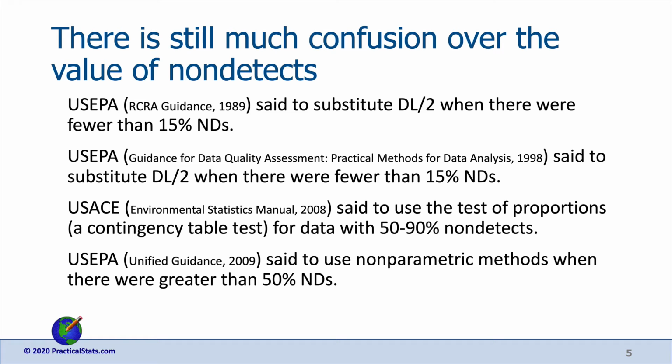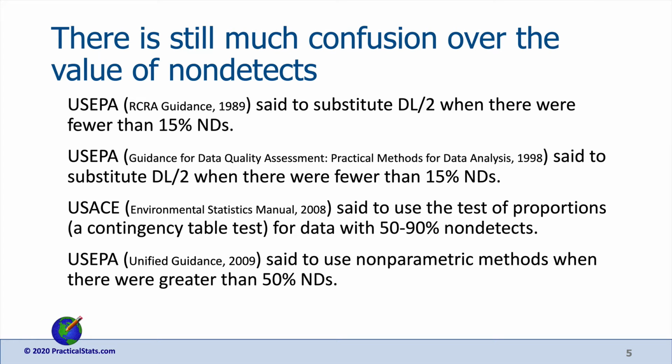About 10 years later, the Guidance for Data Quality Assessment, Practical Methods for Data Analysis, said to substitute in 1/2 the detection limit when again there were 15% non-detects. So this number was latched onto, I believe, without any science behind it, and said, well, if it's not too many non-detects, then we'll just stick in a number. And what they have not done is to decide, well, what detection limits were those non-detects at?